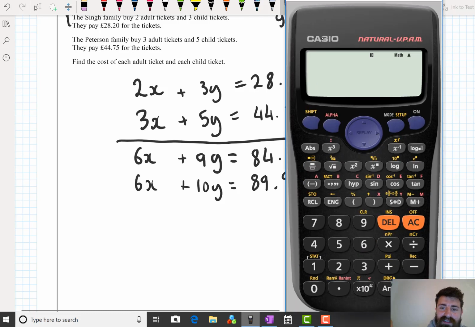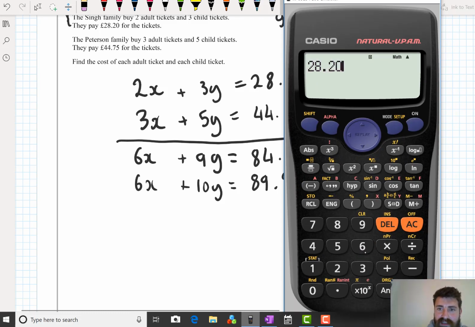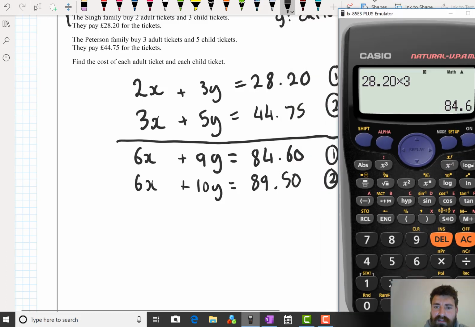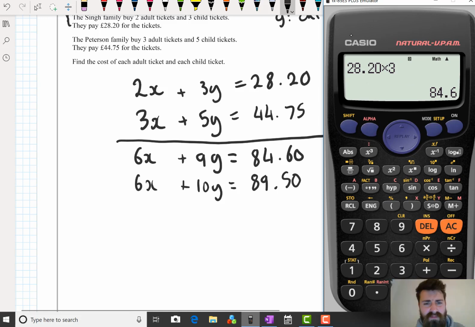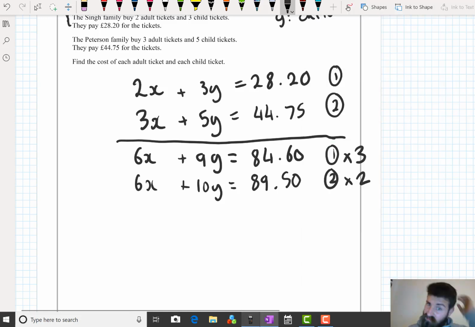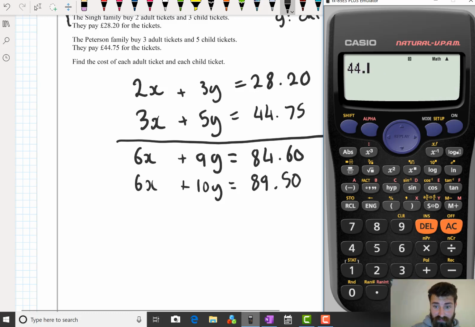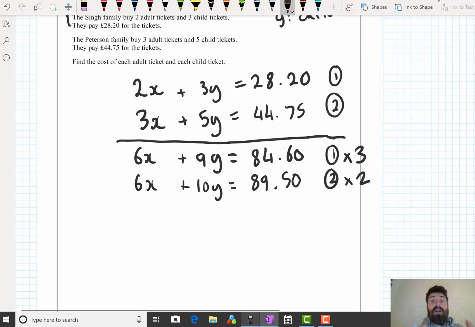Yes, £84.60, I got that right. Right, equation 2, multiply by 2. £44.75 multiplied by 2 is £89.50. Okay, not made any more silly errors. Step 1, check it. Always check it. Don't forget, check, check, check.